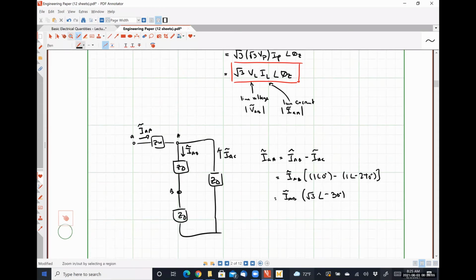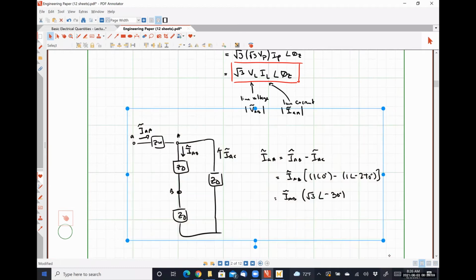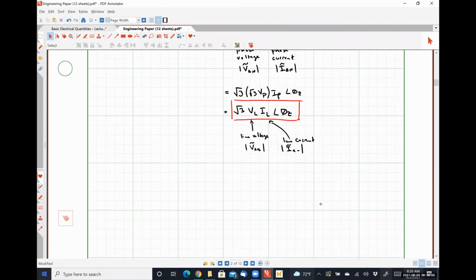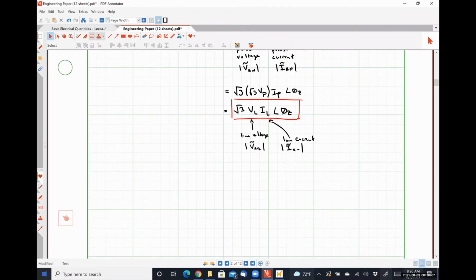Delete that because it's not terribly important. All right, so we now know what our complex power is. Now we need to figure out our real power, right?